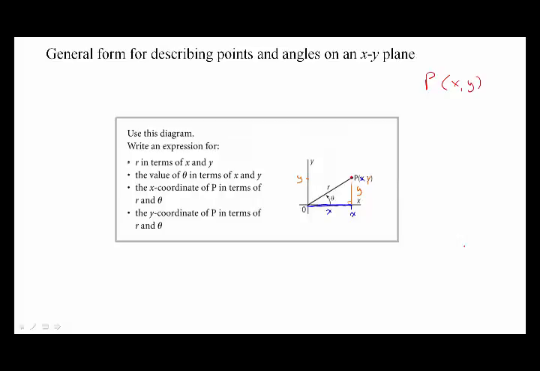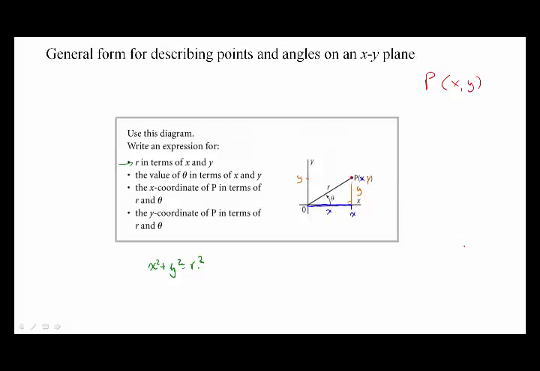What's an expression for r in terms of x and y? How would I write r using the x and y's? It'd be x squared plus y squared equals r squared. Perfect. Only I don't want r squared, I want r.